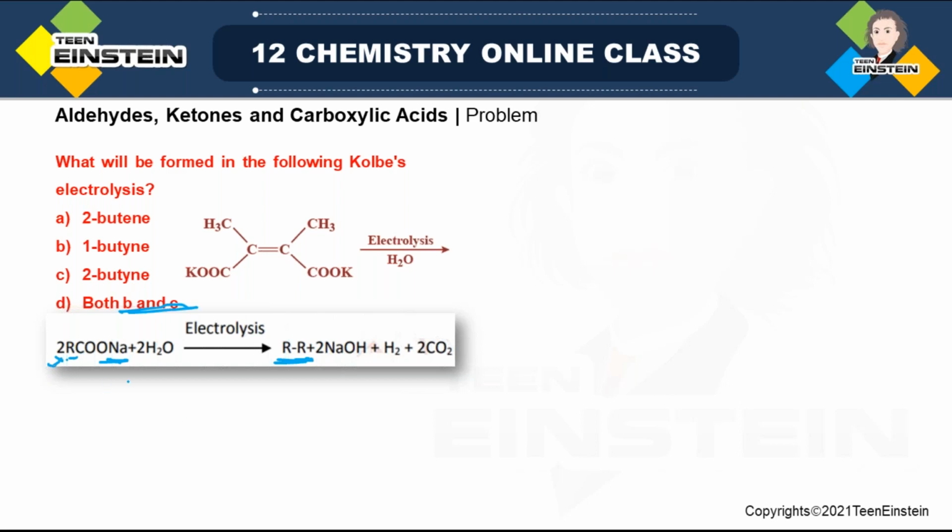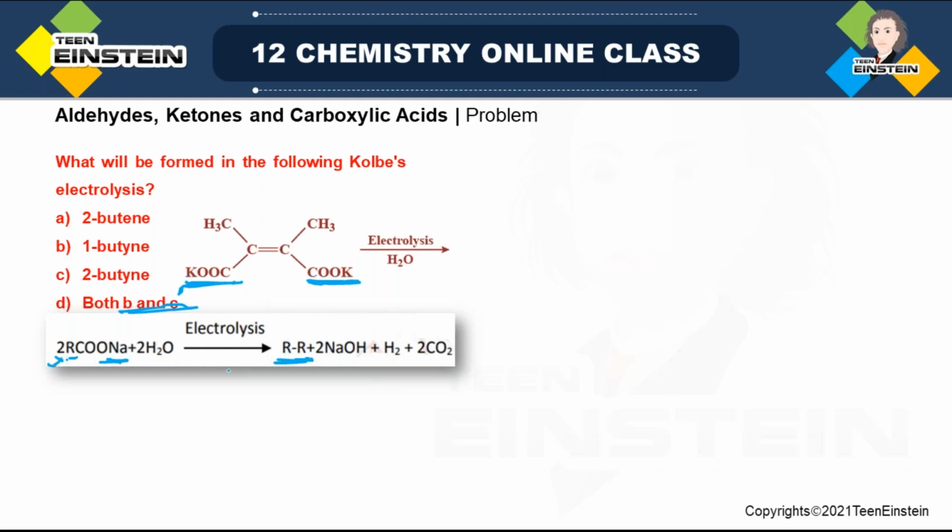Now these 2 CO2H groups in sodium or potassium salt form may be part of the same molecule. As you can see, in the molecule given in the question, the 2 CO2K groups, the potassium salt of carboxylic acid, are present in the same molecule. So you don't have to take 2 molecules of it, right?